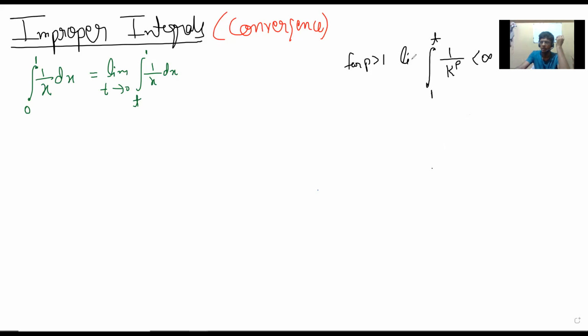And then take the limit, and we'll know if it's correct. Minus p plus 1.